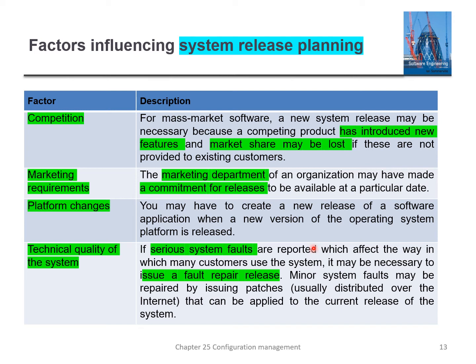So the release date needs to be set within a certain period of time. So those are also things to be considered during system release planning: competition, market requirement, marketing department requirement, change of platform, issues with the quality of the software.